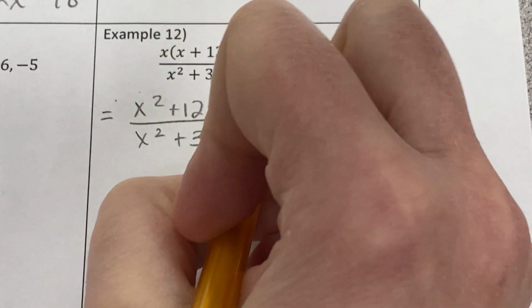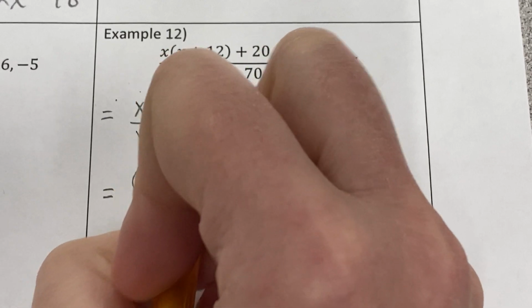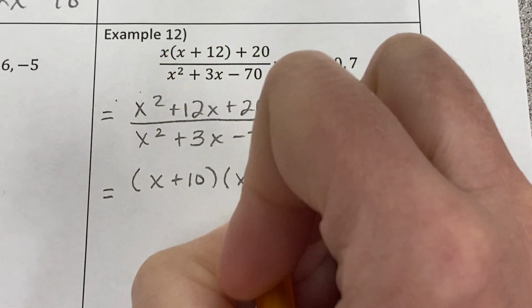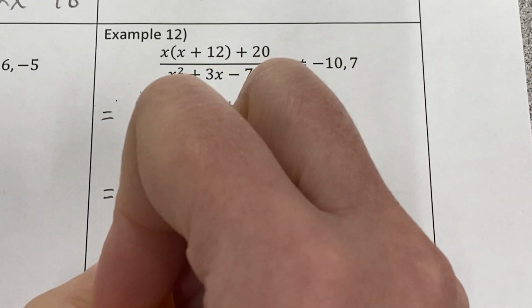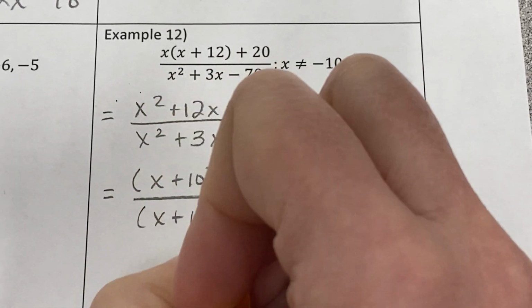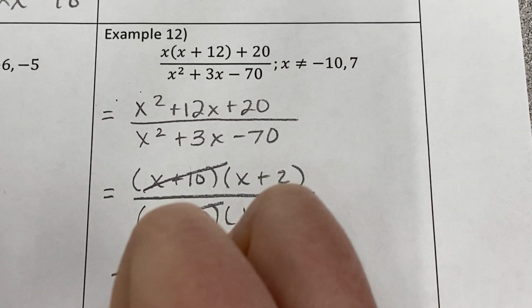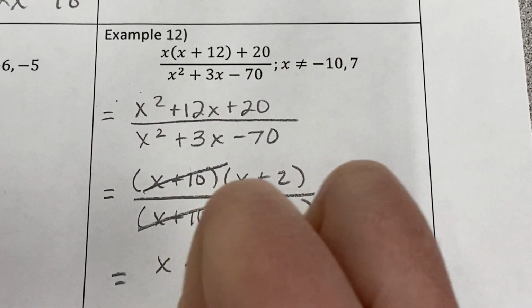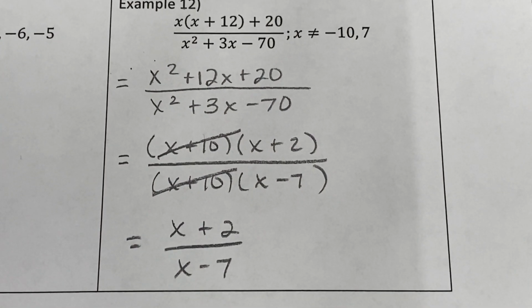And if you want to factor the denominator right away, there's no problem with that. The numerator, when I factor it, it's x plus 10 times x plus 2. When we factor the denominator, x plus 10, x minus 7, which leaves us with x plus 2 over x minus 7. Okay, that's lesson 4.